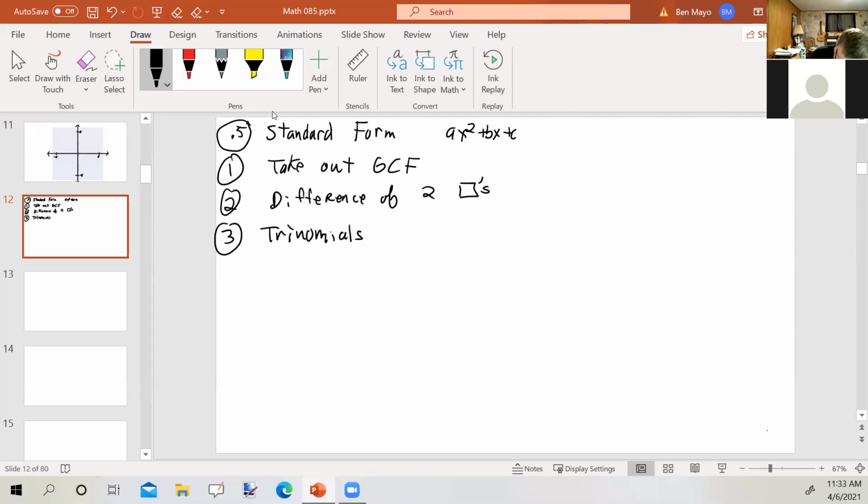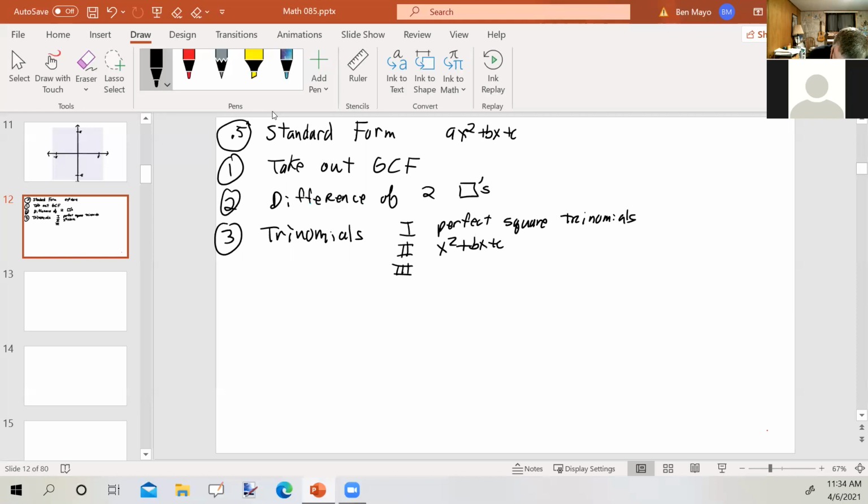trinomials, and I've got a Roman numeral 1, Roman numeral 2, and Roman numeral 3. Roman numeral 1 is perfect square trinomials. Roman numeral 2 is trinomials in the form x squared plus bx plus c. So the leading coefficient is a 1.